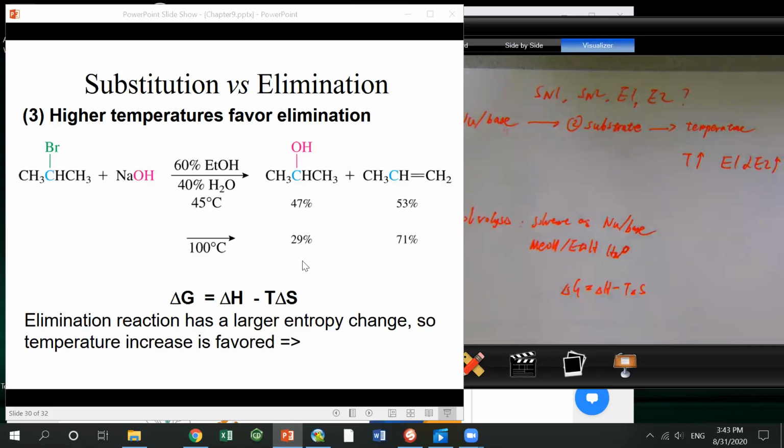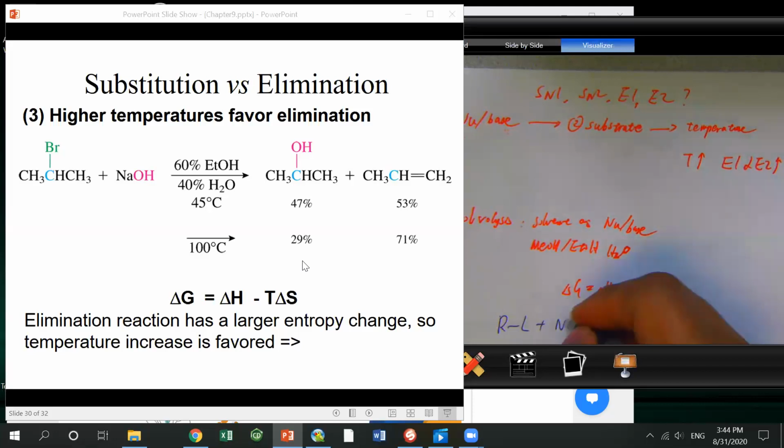You have a substrate plus a nucleophile, and after the reaction you still generate two species, the product and the leaving group, so no entropy change. That means substitution reactions are less sensitive to temperature.